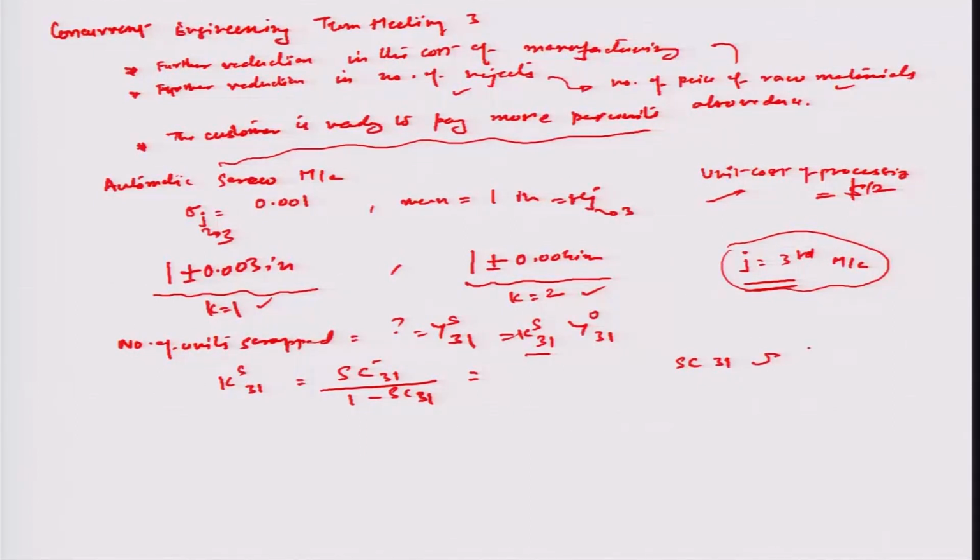So, in this case, corresponding to k equal to 1, the tolerance limits happen to be 1.003 inches and 0.997 inches. And so, the phi of z upper tolerance j k, j being 3, k being 1, okay, is equal to 1.003 minus 1.00 divided by the standard deviation 0.001.